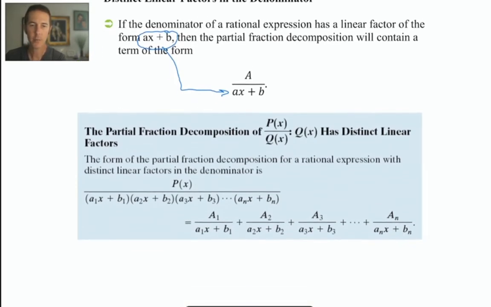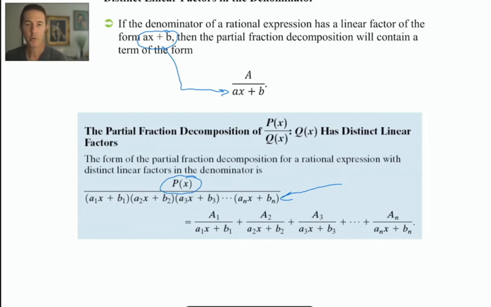Now, it's possible that you could have a whole bunch of linear factors in parentheses being multiplied with each other in the denominator of a fraction, and your numerator would be some considerably complicated looking mess.